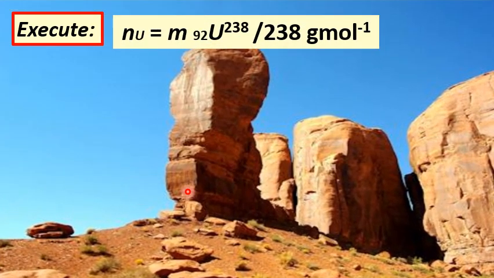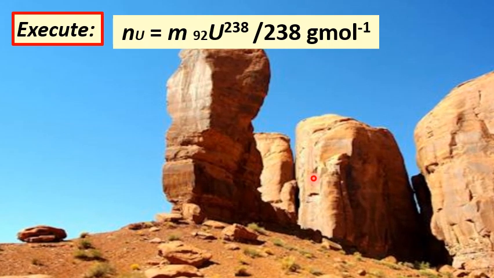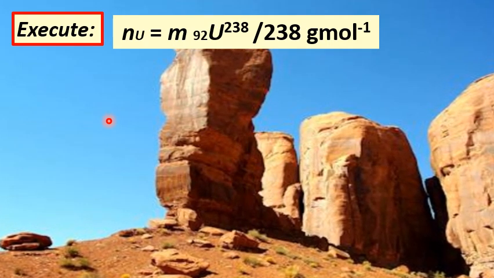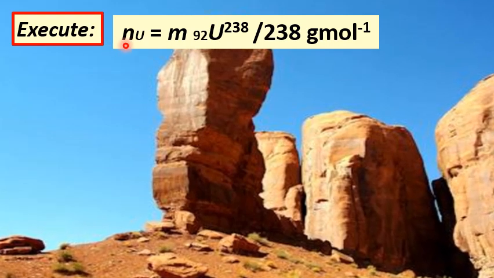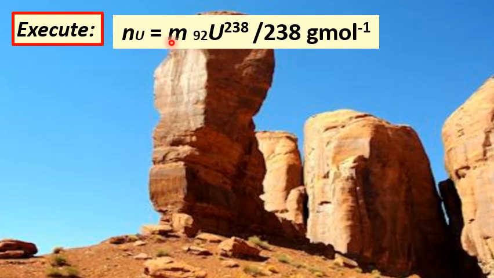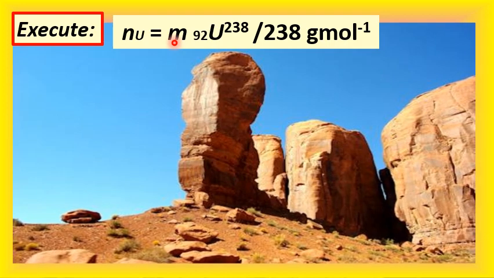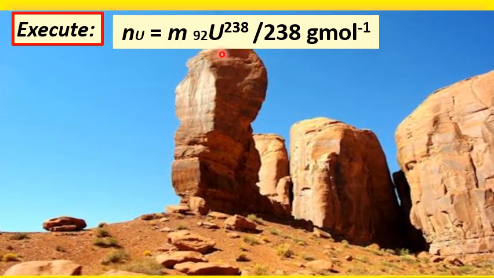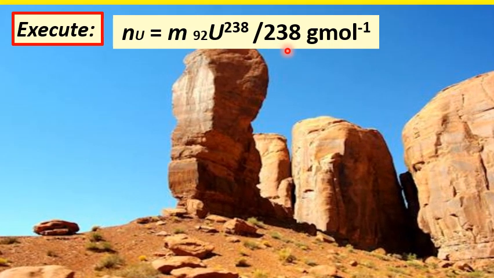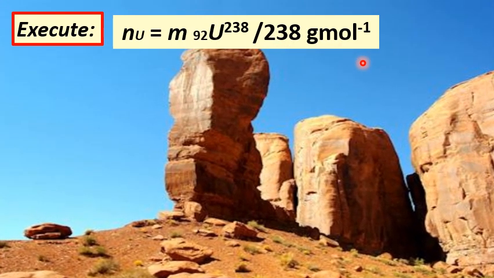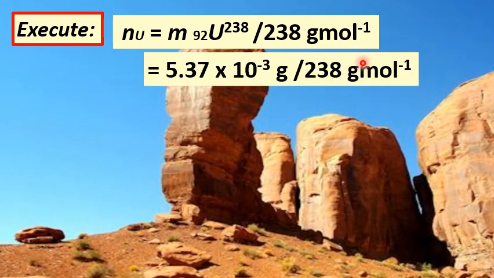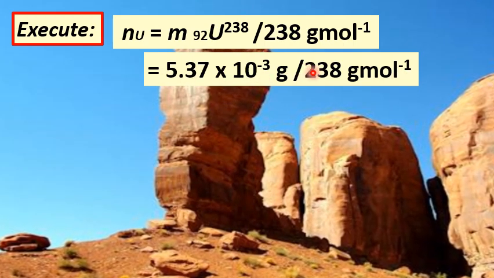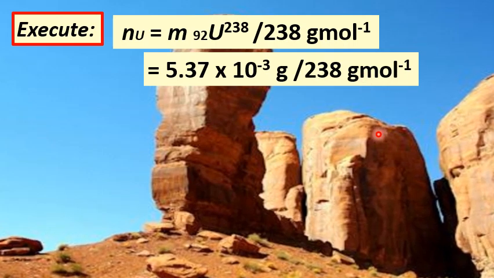So moving on now to our computations, the number of moles of uranium-238, small n sub u, is the given mass already expressed in grams divided by 238 grams per mole. That is 5.37 times 10 to the negative 3 grams divided by 238 grams per mole.